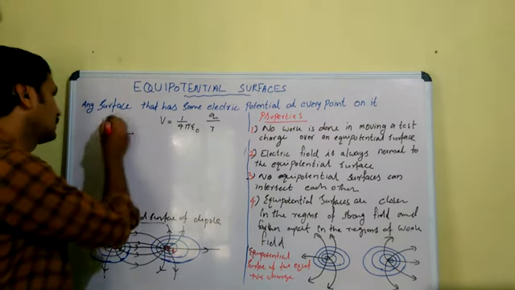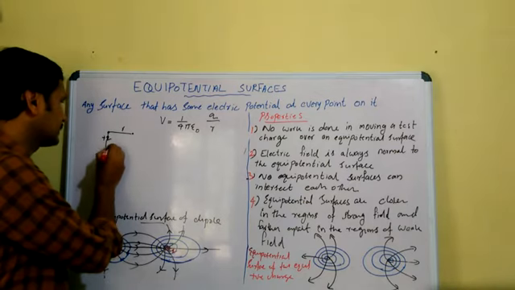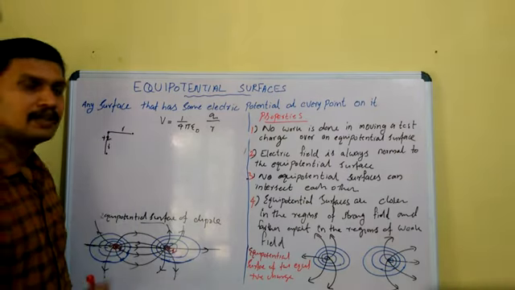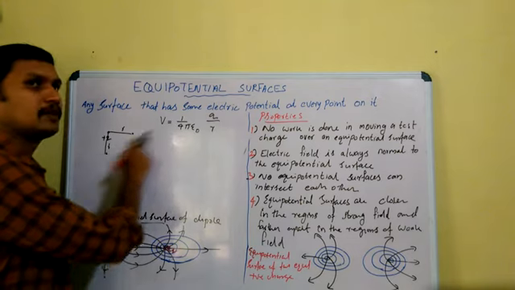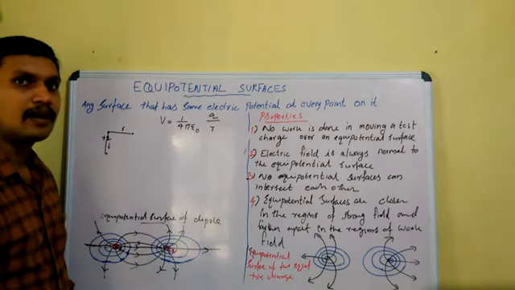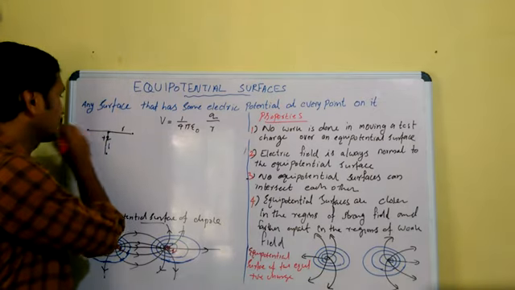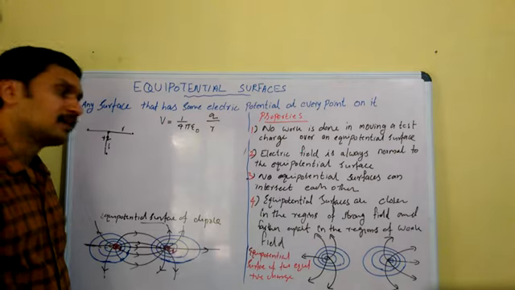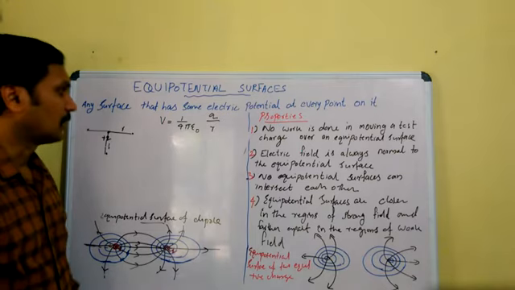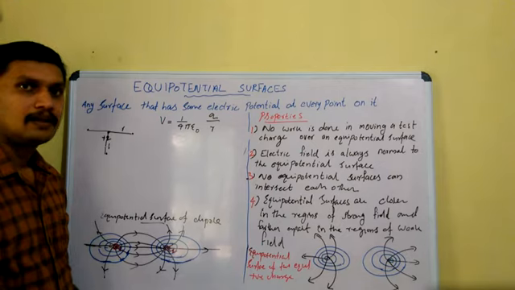Let us take another point which is at the same distance r from the charge. There also the potential will be the same, 1 by 4 pi epsilon 0 q by r. Take another point at the same distance from the charge; there also the potential will be 1 by 4 pi epsilon 0 q by r.